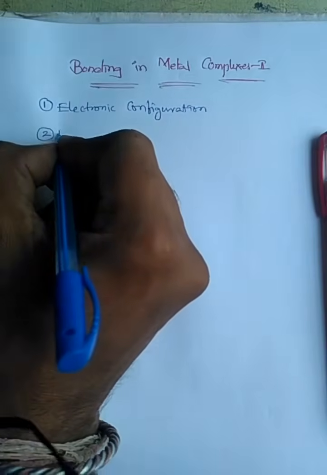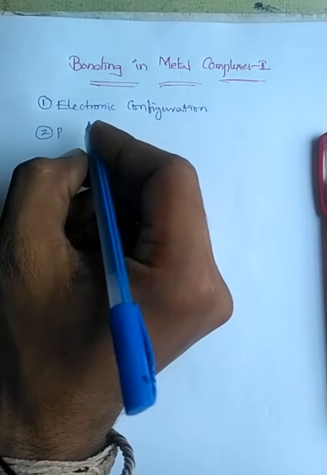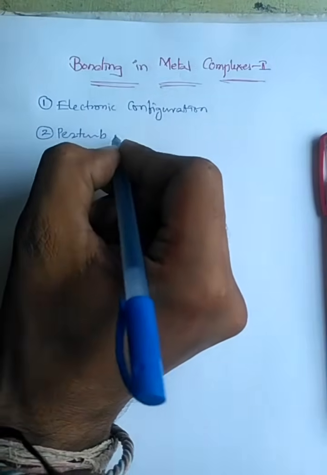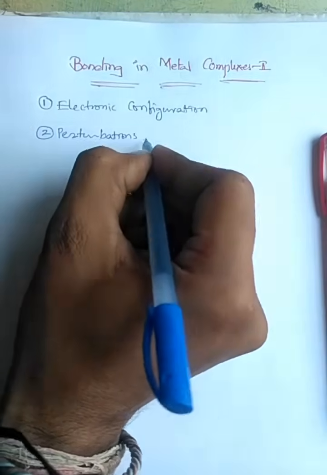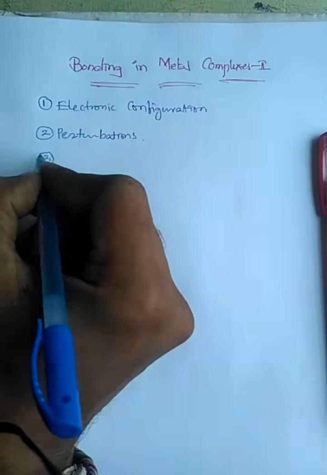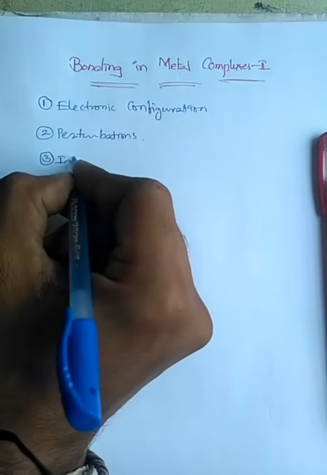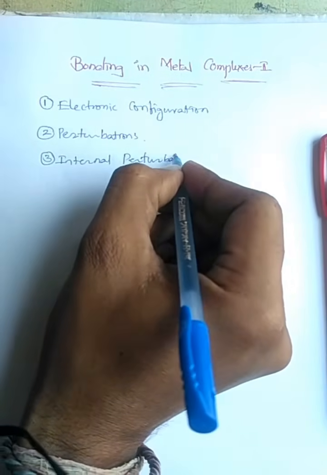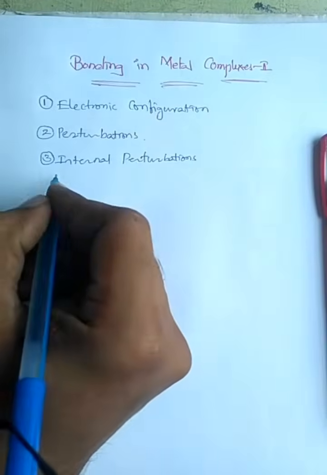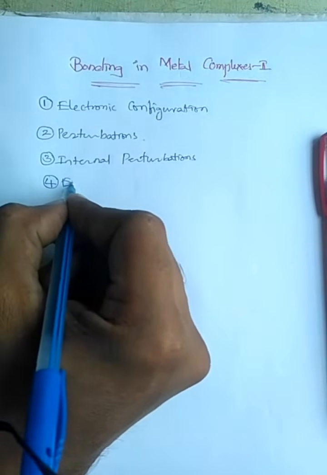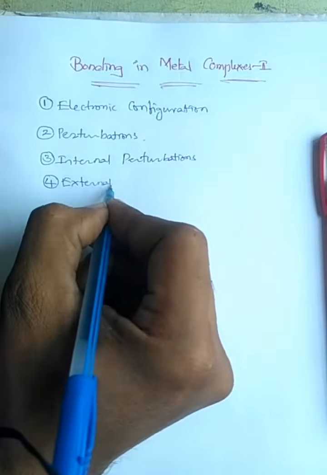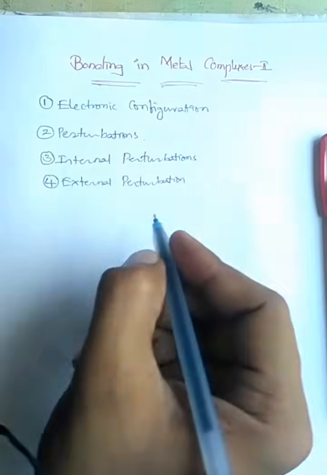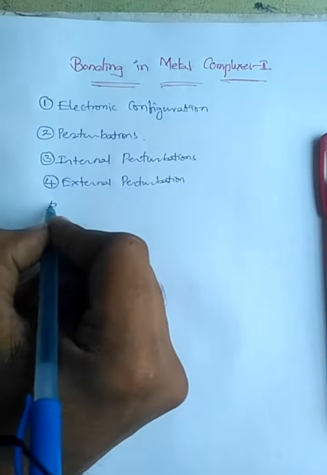Following it, the influencing factors which destabilize the electronic configuration are perturbations, and in this we came across internal perturbation and external perturbation, and I also defined them.